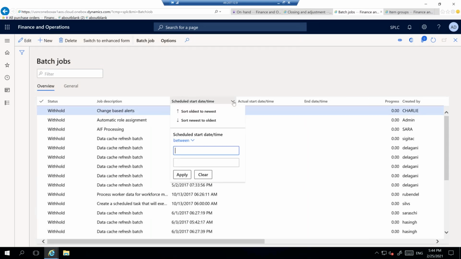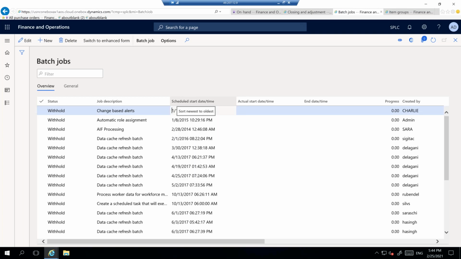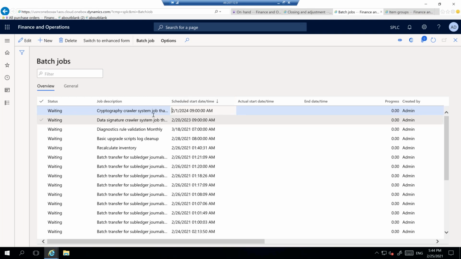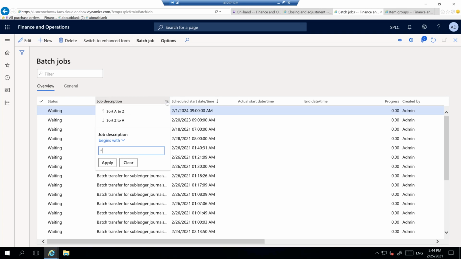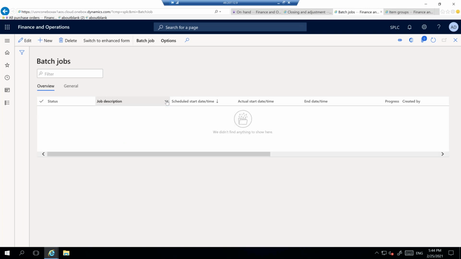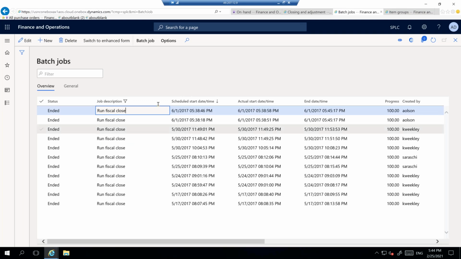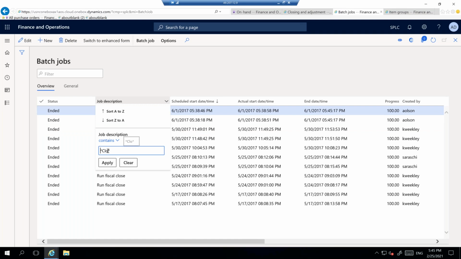You can filter by date or closing also. Recalculation.